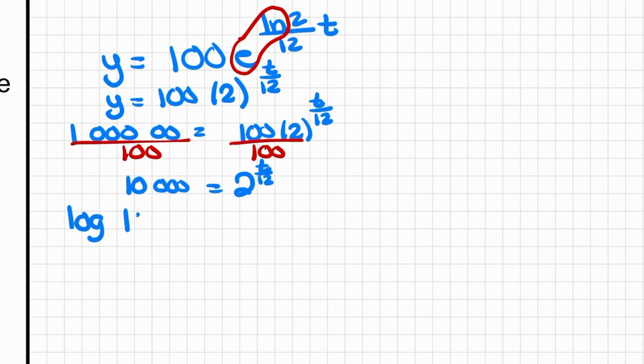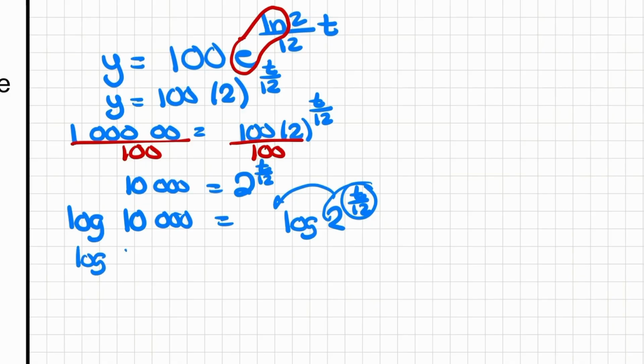So I'm going to take the log of both sides this time instead, and we get the log of 2 to the t over 12. Again, log rule, natural logarithm, same difference. I'm going to bring that power down.